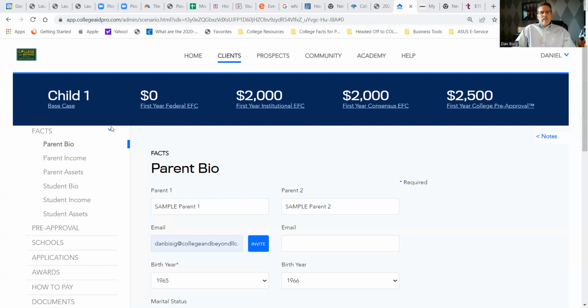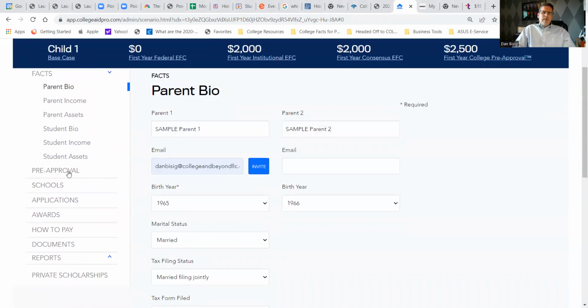But the things that you're going to see on the left, so we're going to review this first of all. If you look over here on the left, we've got all the facts. So the parent's bio, meaning the parent's income, parent's assets, student's bio, the student's income, student's assets. All of these details need to be input first. Then we go into this thing called the pre-approval, which we'll talk about in just a minute. By the way, it's filling in right up top here in the right-hand corner.